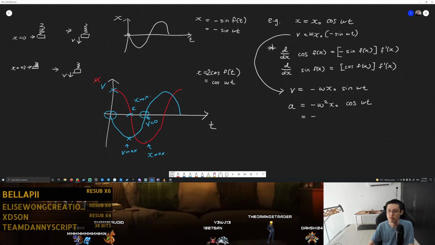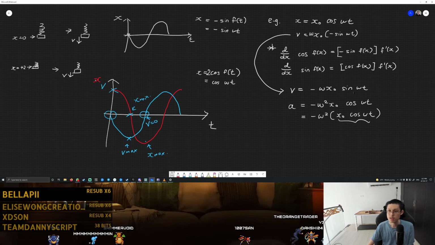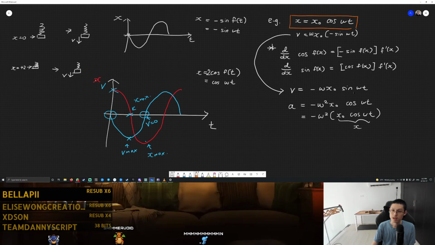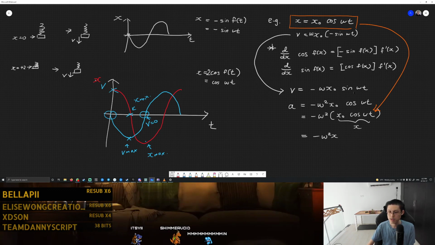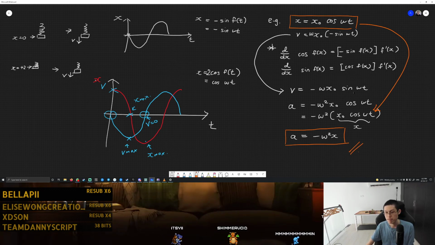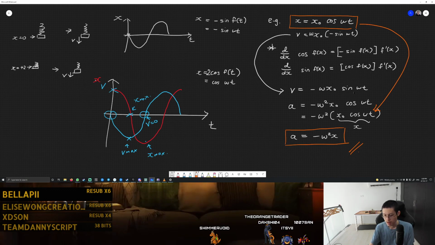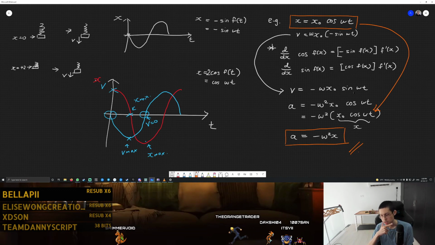This part here is actually x from the original expression that we got earlier, which means we can write this as negative omega squared x, and that's how we get this in the first place. Okay, so that's simple harmonic motion.